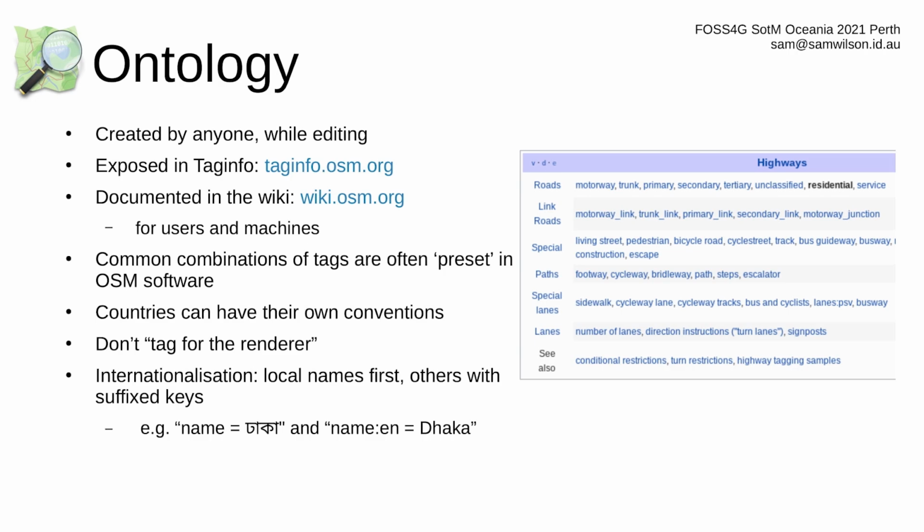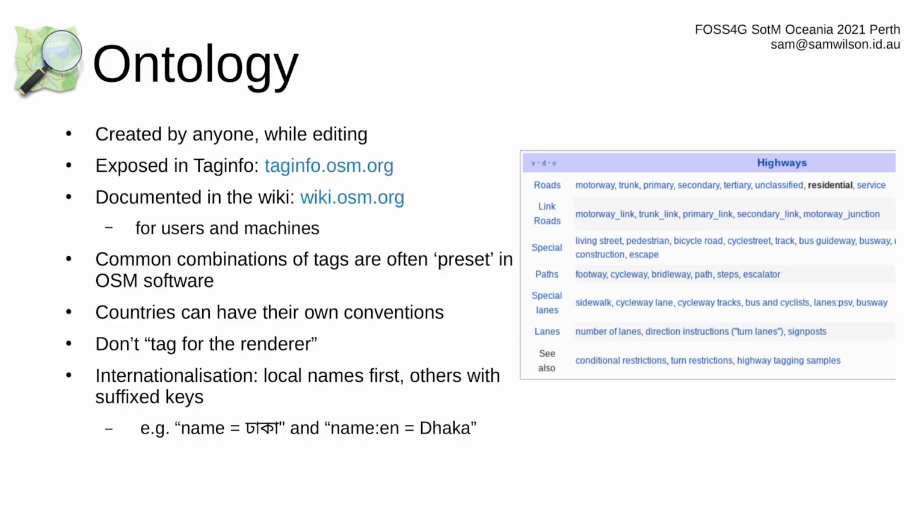Like building equals yes, the attribute building with a value of yes, Y-E-S in English, has become the standard way of recording a building footprint. So you'll draw a little rectangle and you'll have building equals yes, and then in the wiki there's a single page for that building equals yes tag and value, and it'll explain, there'll be pictures, there'll be suggested symbology, any other information about it.